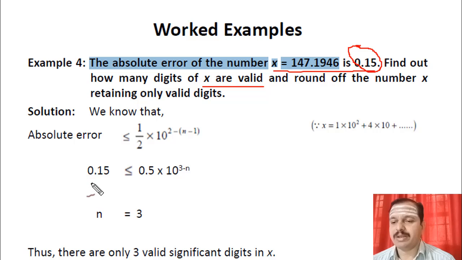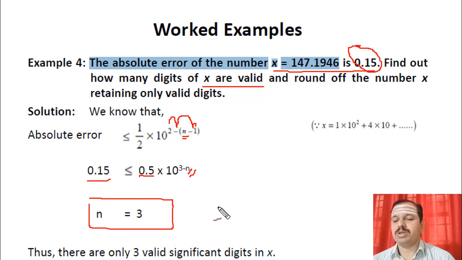From that definition, the given data, that is the absolute error, they have given it as 0.15 less than or equal to, see here n stands for the number of digits. So here it is 1 by 2, that is 0.5. If we simplify 2 minus of minus, it is 2 plus 1. It is going to be 3 minus 1. Now if we simplify this, the answer is going to be n equal to 3.